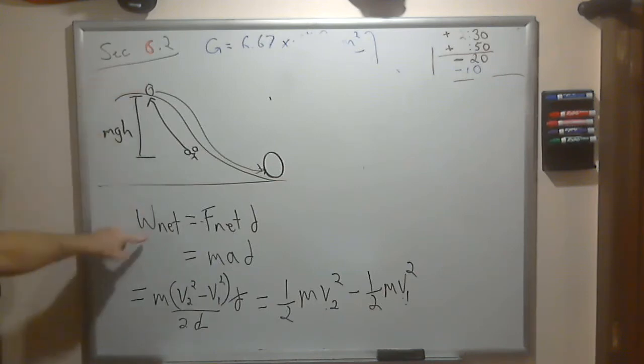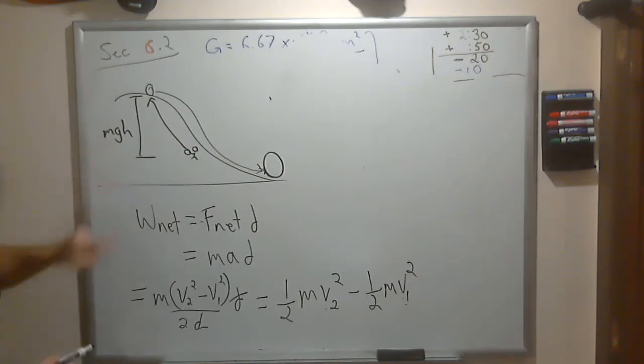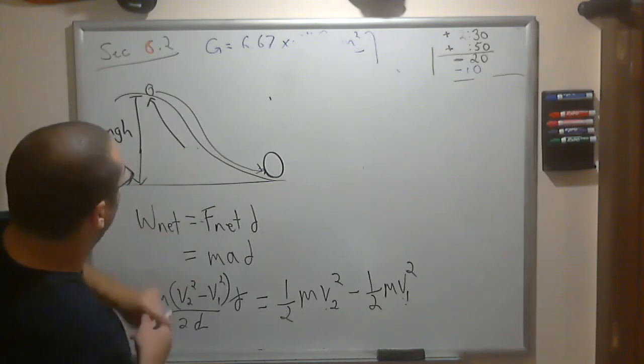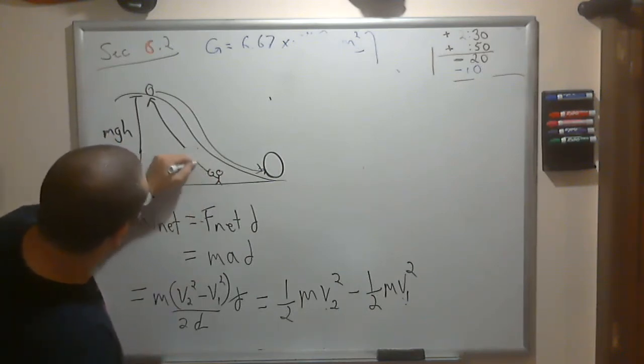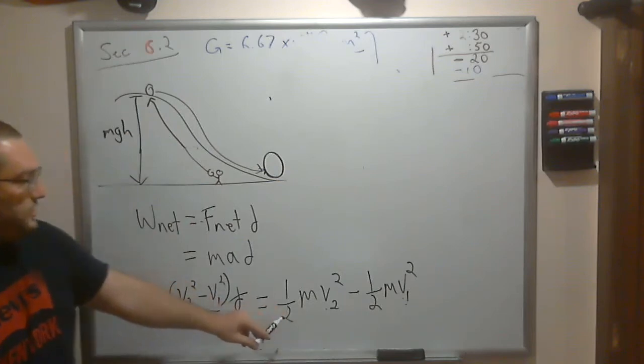The net work done on this ball, which is mgh, over this distance, is equal to the change in its velocity.